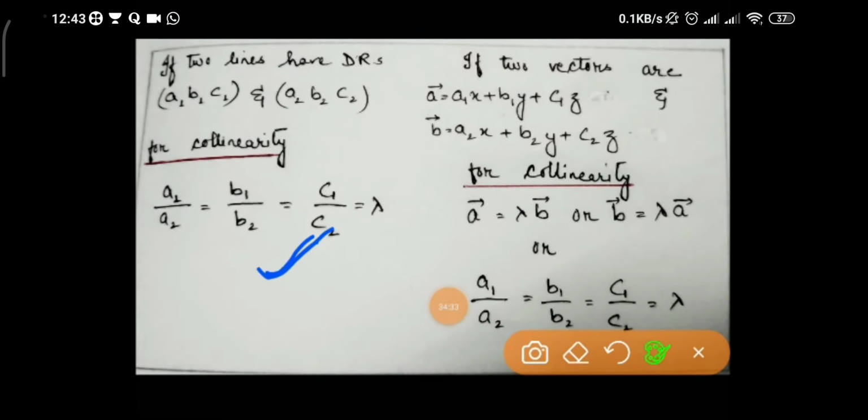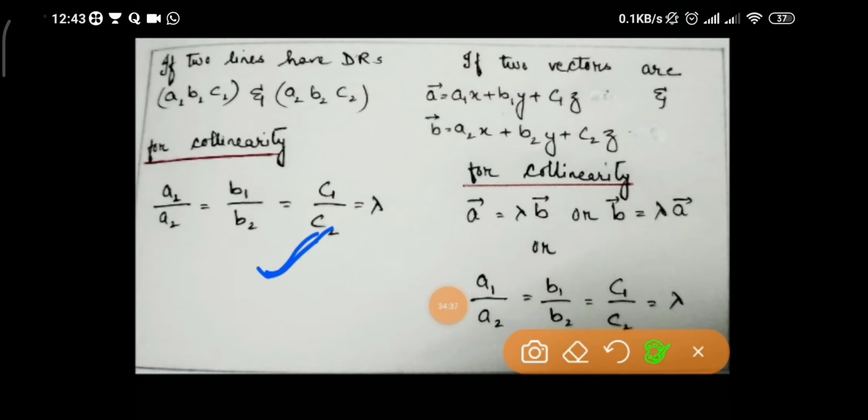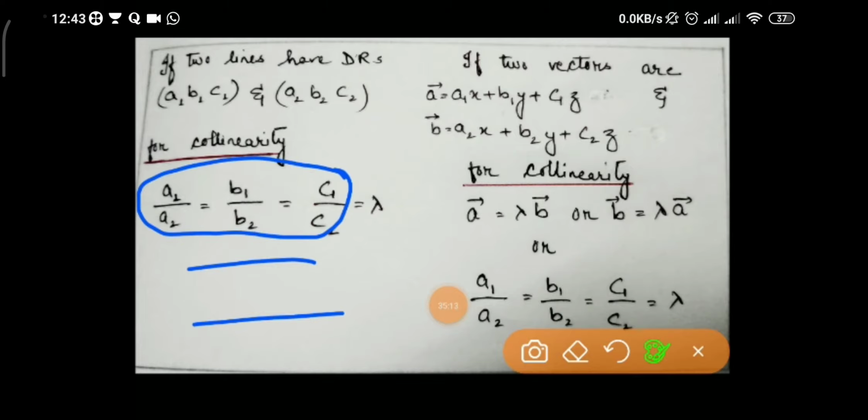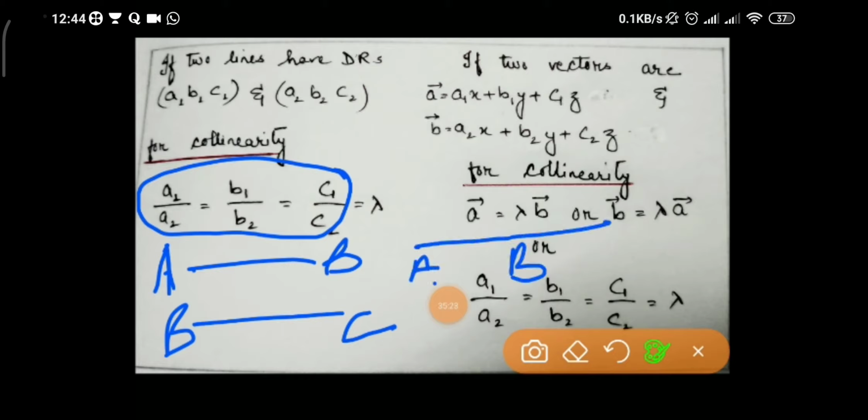But whenever they are asking collinearity, we'll be asked about 3 points. For two lines, to prove them parallel, I need to satisfy this condition. Now if there is one point common, that means B is common in both lines, then they are not parallel, they are like this: A, B and C.